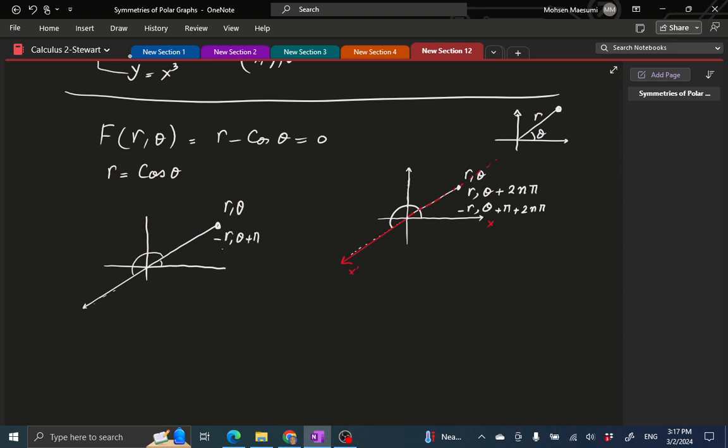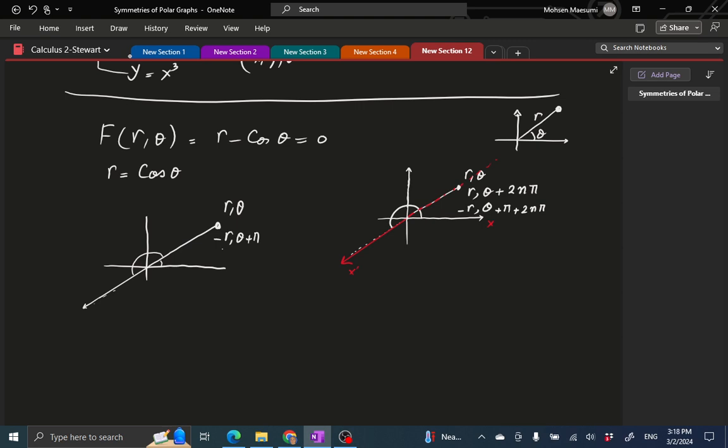I want to make sure everybody is comfortable with this. So you go half a circle, and on this new location of the axis, you go to the negative side of that one. The negative side would be minus r and theta plus pi. Once you have that, you can add a 2n pi to it.